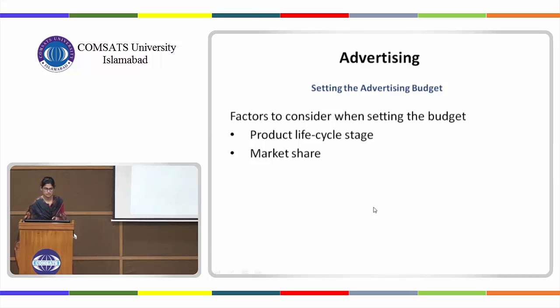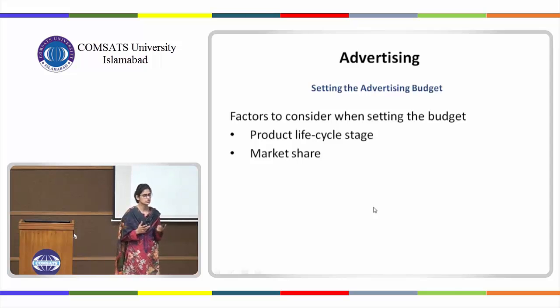And factors to consider when setting advertising budget. We've talked about advertising budget and how a company could allocate their advertising budget. We distinctly identified 4 different ways through which you could set the budget. There was affordable method, there was sales by percentage method, then there were objective and task method, and then you could see your competitors' outlay, and then you could set your budget according to competitors.